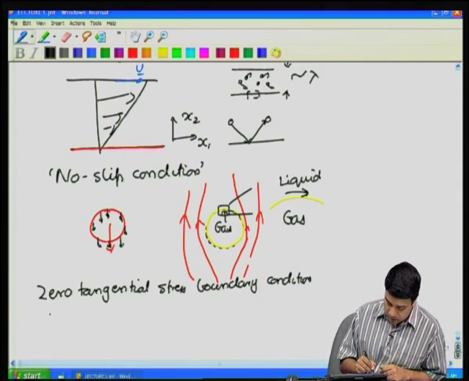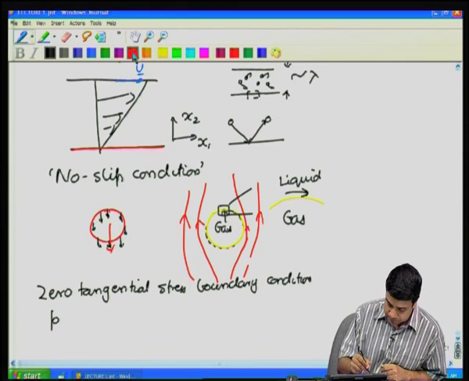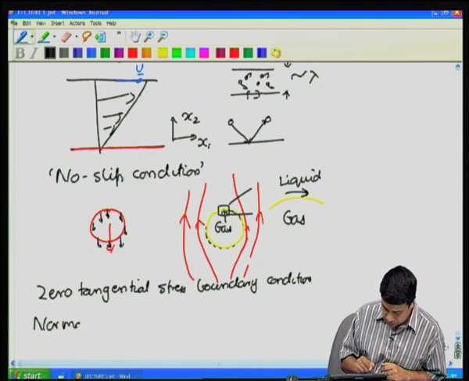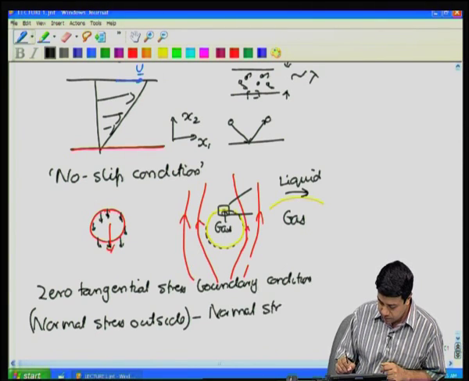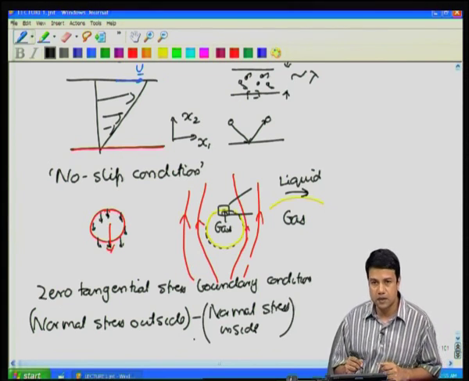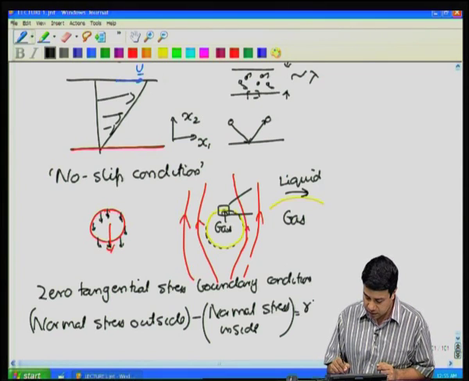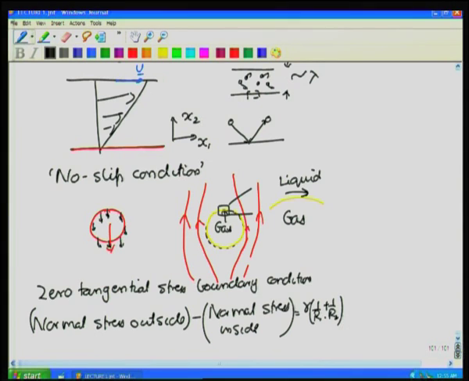So, the pressure outside minus the normal stress inside is equal to the surface tension force, which is gamma times 1 by R 1 plus 1 by R 2, where 1 by R 1 and 1 by R 2 are the two principal curvatures at the surface.